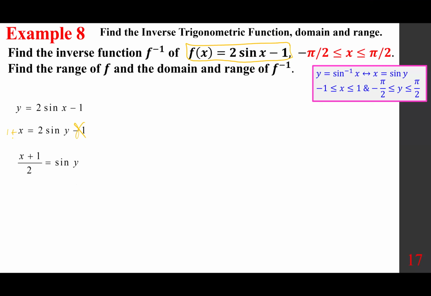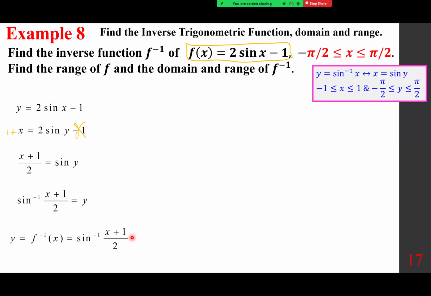Therefore, by definition of an inverse, sine inverse of this piece becomes y. And we give it a name f inverse. So y, or f inverse of x, is sine inverse of x plus 1 over 2.